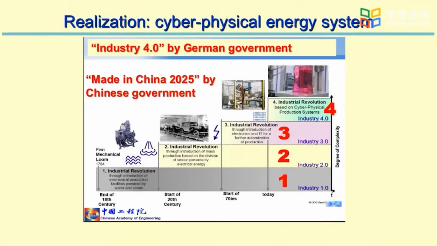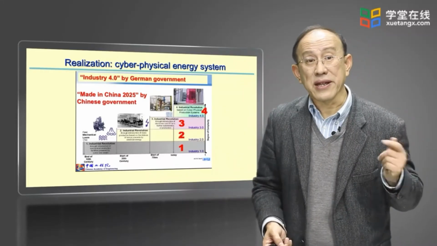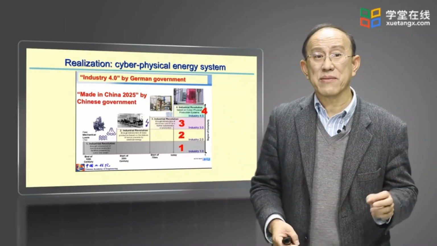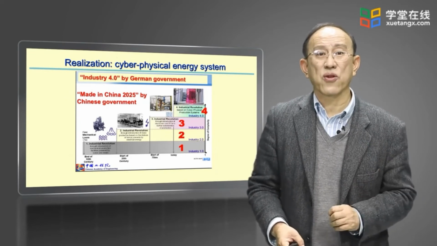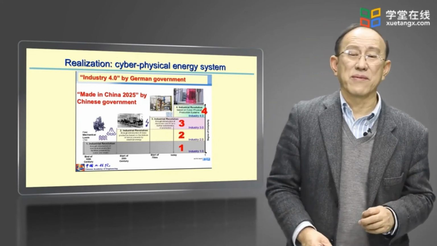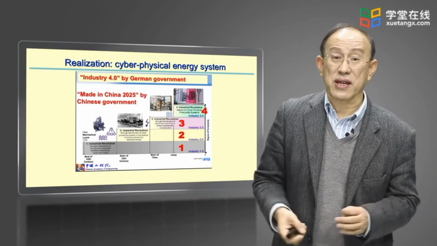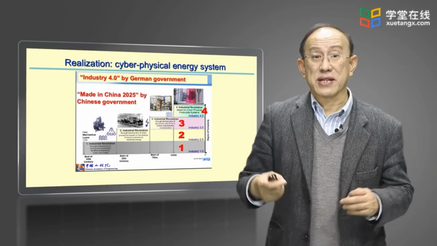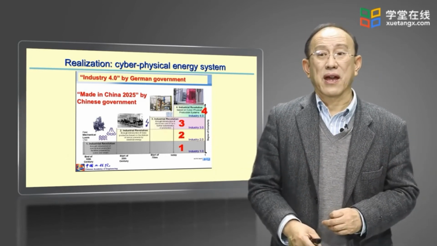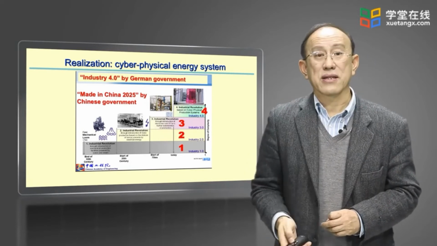How can we realize our goal? Actually, cyber-physical energy systems are part of the effort, such as Industry 4.0 by the German government and Made in China 2025 by the Chinese government. Those are the efforts. The cyber-physical energy system can really realize the goal.